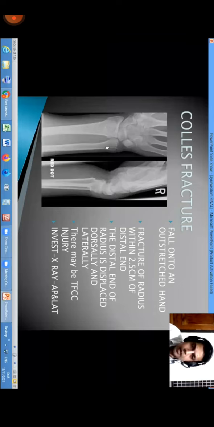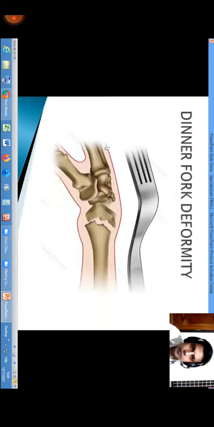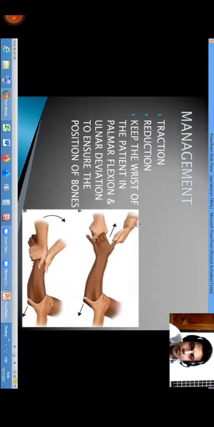Investigation is X-ray, AP and lateral. In Colles fracture, there is a dinner fork deformity because the radial part is displaced dorsally, forming the shape of a dinner fork. Coming to management: traction, reduction.